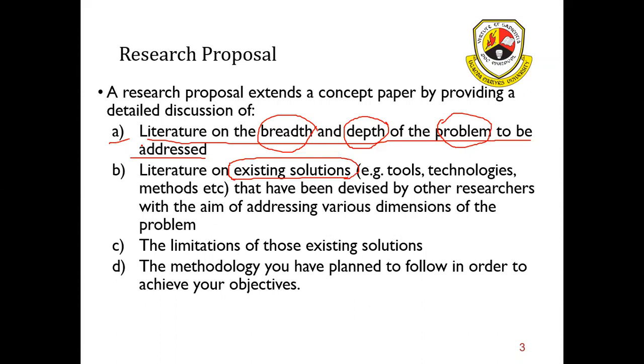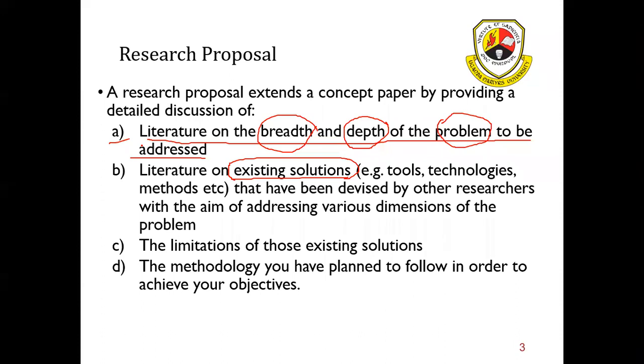If they are, where have they fallen short that for you, you want to design this thing? Where have they fallen short? Why don't you want to use those solutions, and you want to develop a new one? What is the reasoning behind it? So essentially what you're doing is you're defending your research.